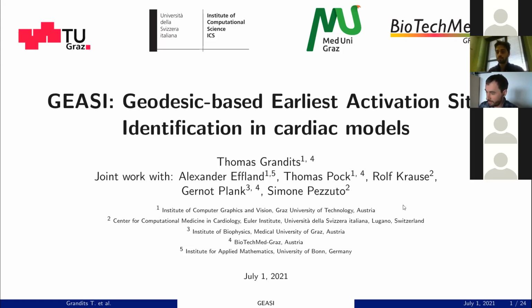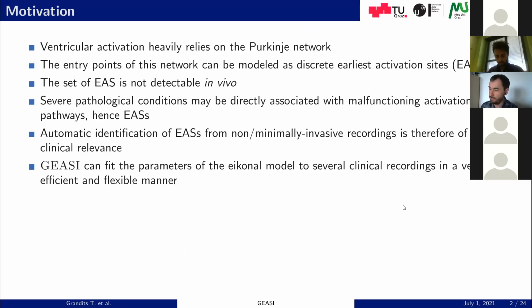So what are earliest activation sites and why would you need them? Of course, these are earliest activation sites in cardiac electrophysiological models. As you already know, ventricular activation heavily relies on something called the Purkinje network for electrical activation, which quickly propagates the electrical activation throughout the ventricles and the myocardium.